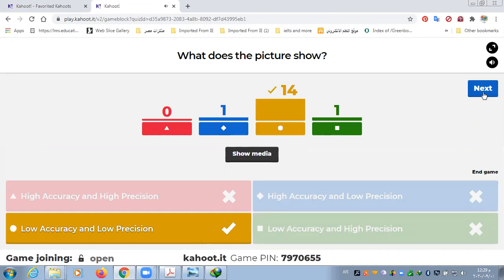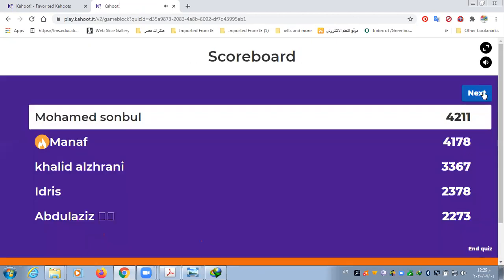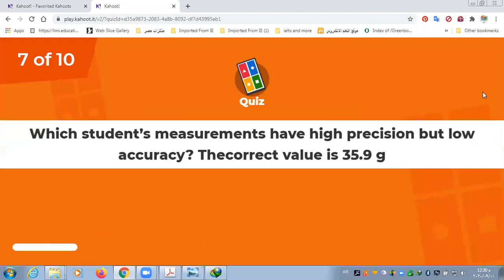Low accuracy and low precision. Excellent.